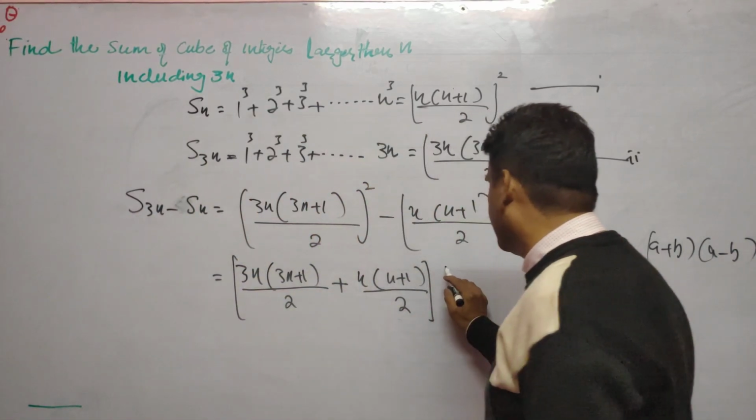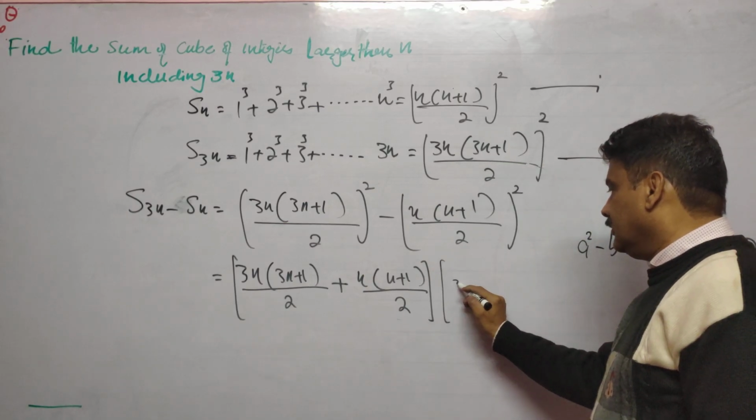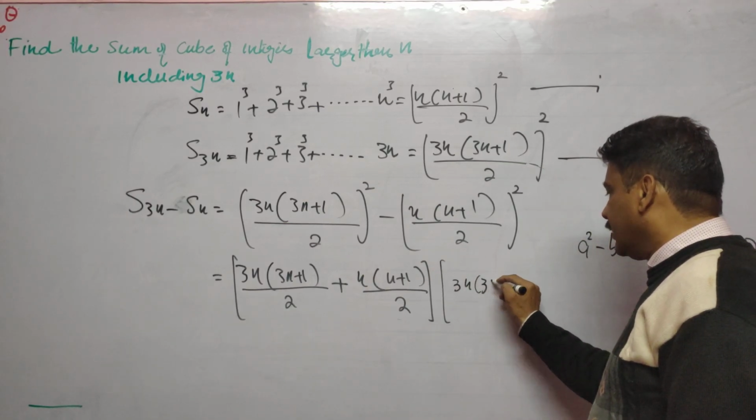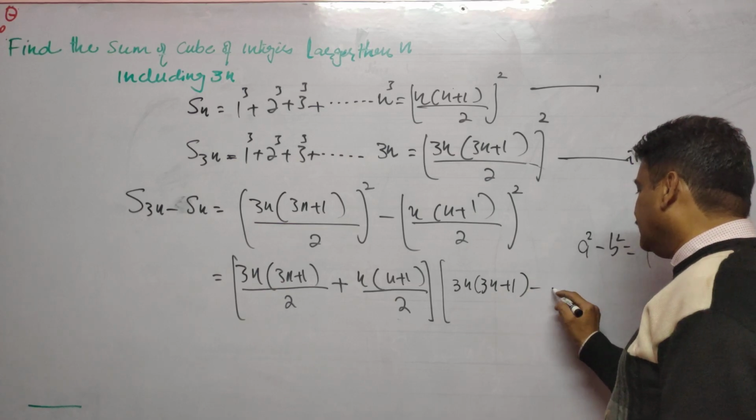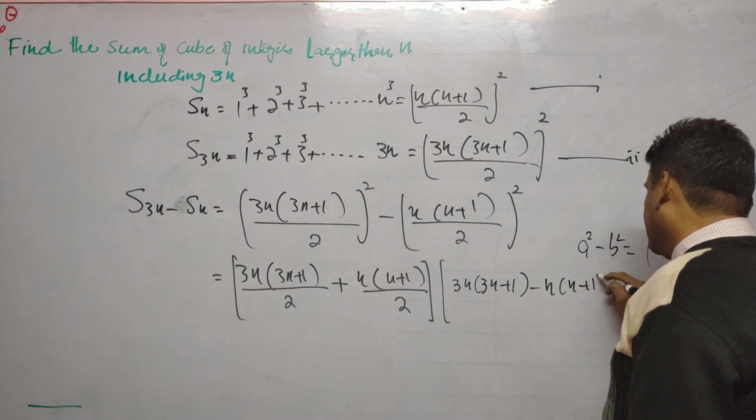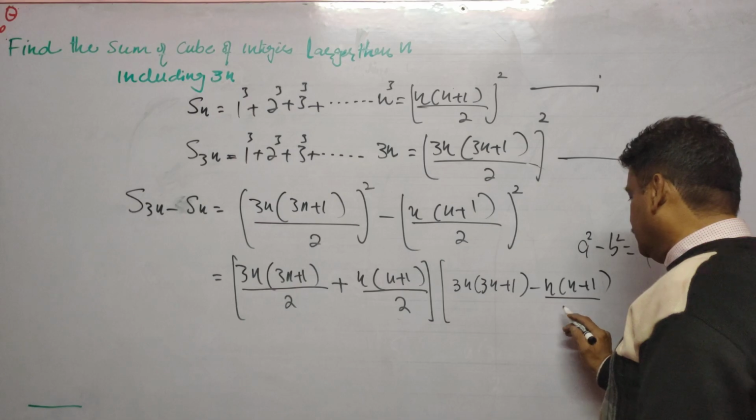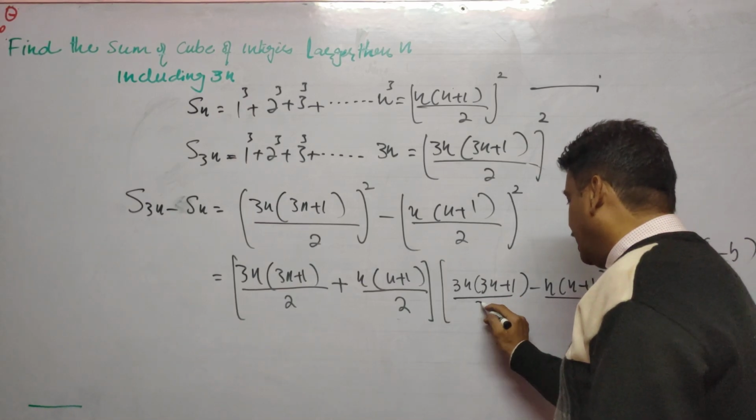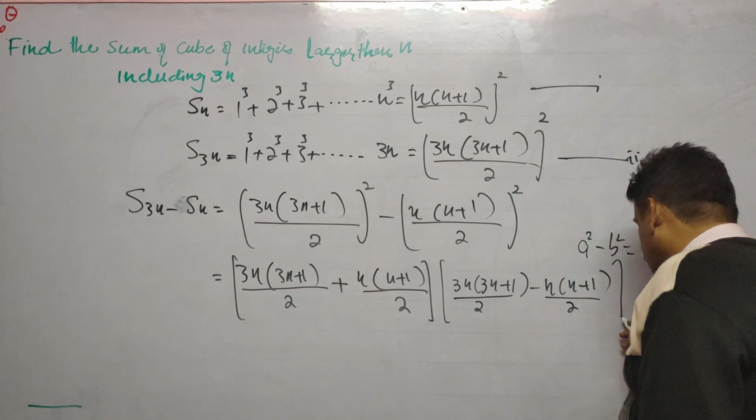And now 3n times 3n plus 1 minus n times n plus 1 by 2, minus by 2.